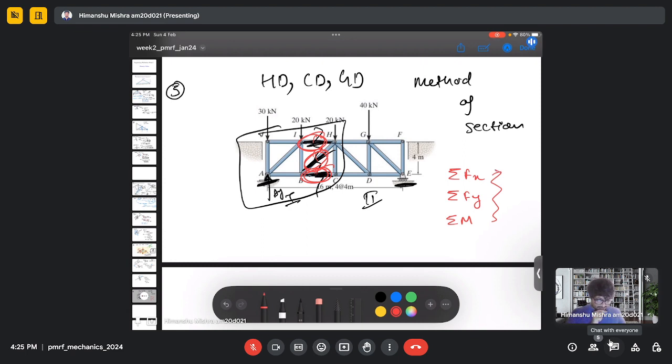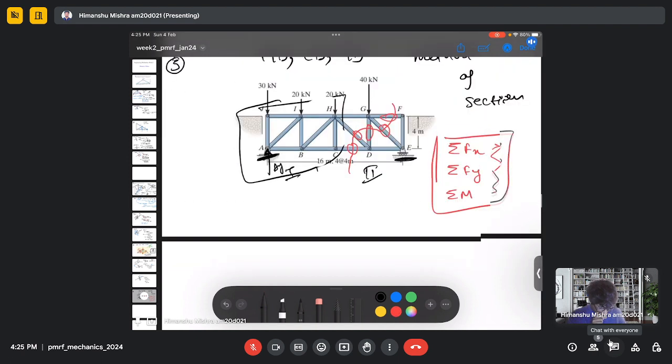If we cut in such a way that it crosses more than three members, like here it is crossing five members, then you need to solve five equations, and we cannot do that because we have at most three equations to solve for the unknown forces. So in the method of section we try to cut at most three members, and then we do the moment balance analysis.